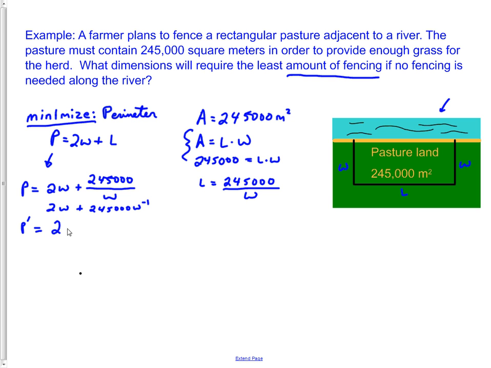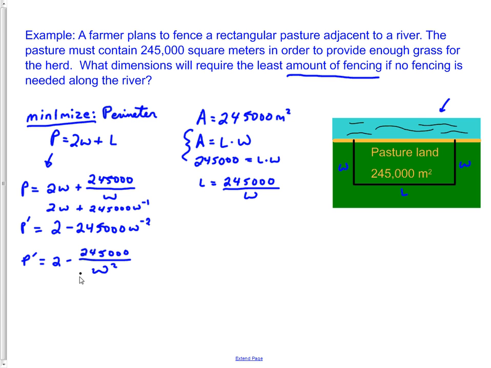So we're going to get a derivative that is negative 245,000 times w to the negative 2. Well, another way of saying that is p prime is 2 minus 245,000 divided by w squared.